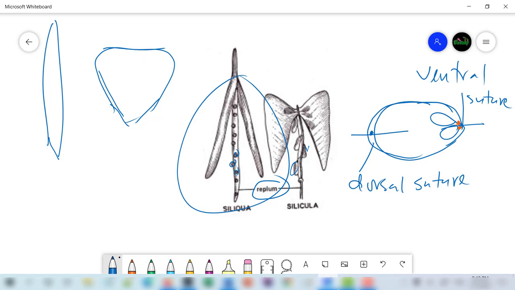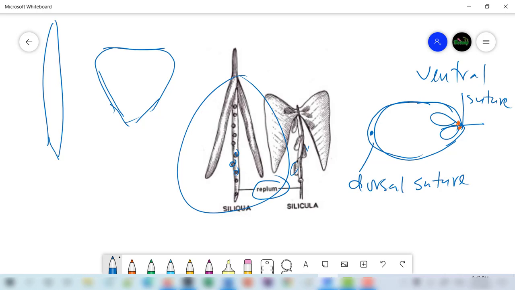It opens from below upwards. As you can see, both the sides, the dorsal as well as the ventral side, have split open to release the seeds, but the seeds are attached to the replum.